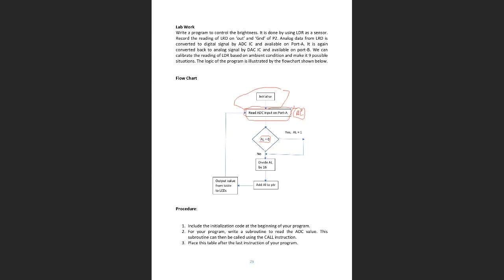What we actually do is read the ADC data like that: in AL, comma, port A. So that means the accumulator, or AL register, holds the ADC data.